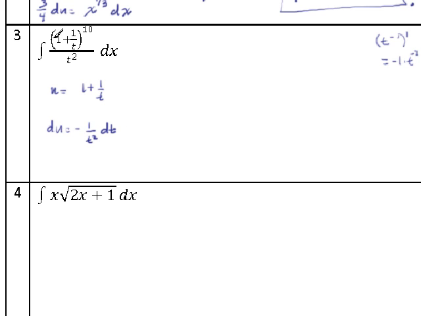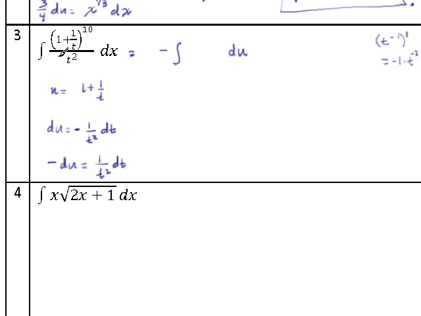We have a 1 over t squared here. The t squared is in the denominator. So let me just multiply both sides by minus 1. Minus du equals 1 over t squared dt. All right, so now we're all ready for our substitution. So for 1 over t squared dt, we will substitute minus du.